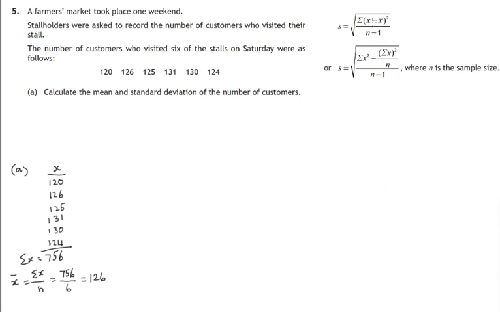The next thing we'll need to do is to look at x minus x bar. This is called the deviation from the mean. What's the difference between each of these data points and the mean that we've calculated?